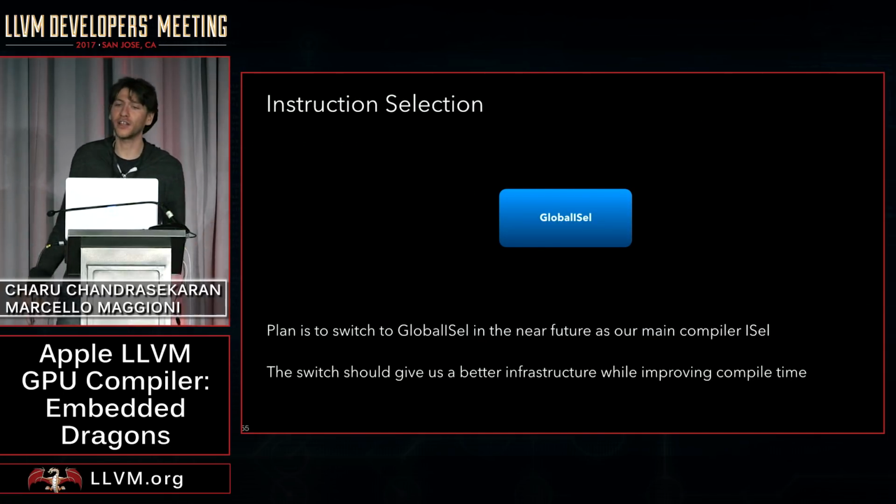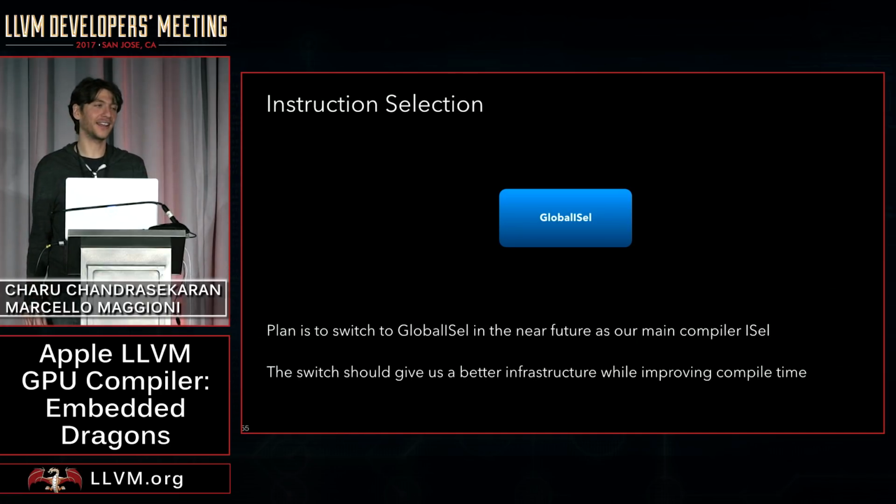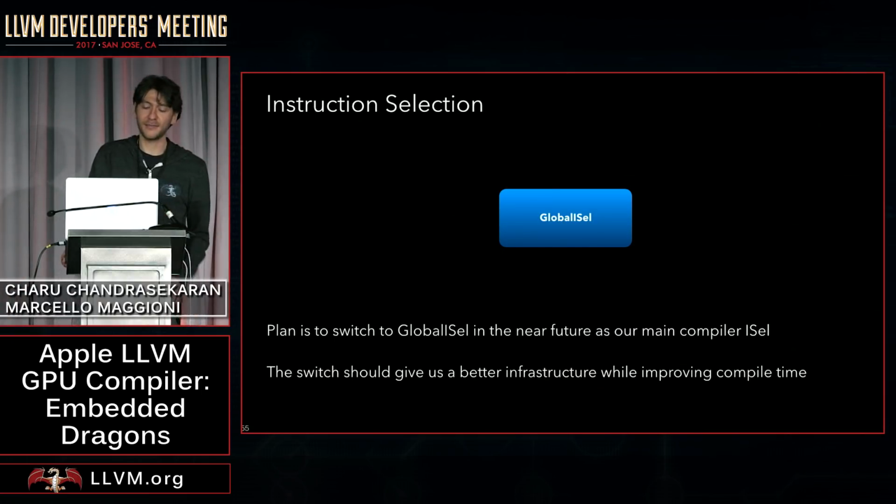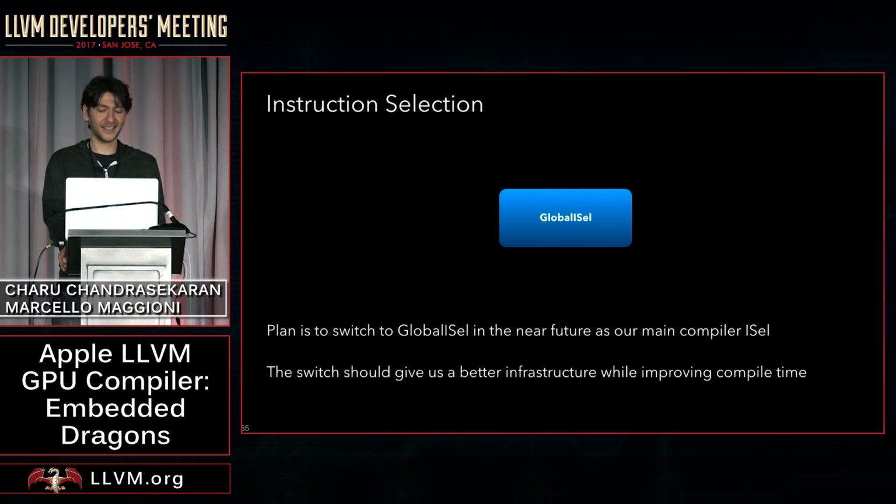We have a lot of people actively developing it, and if you are interested in GlobalISel, I suggest you go and see the tutorial that other members of my team are doing later today. We hope GlobalISel is going to give us better performance and a better developer experience, where the developer is us in this case. And reduce the number of CodeGenPrepare hacks that we have a lot of right now in order to make SelectionDAG happy.